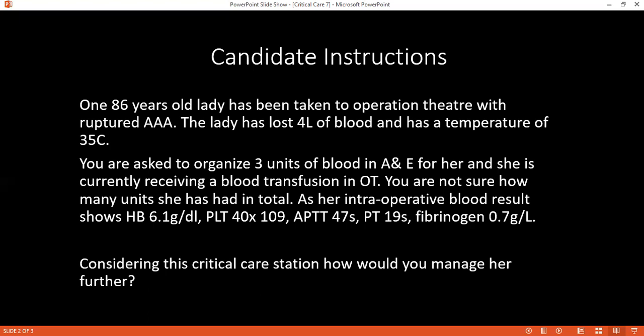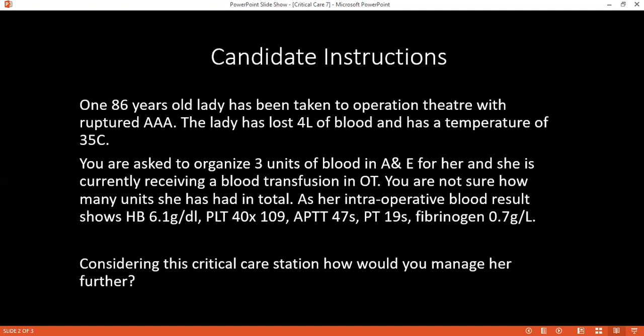Since the patient had abdominal aortic aneurysm rupture, can you please mention some complications which can occur because of this rupture? Yes, hypovolemic shock due to rupture of the abdominal aortic aneurysm, maybe renal failure, sexual dysfunction, spinal ischemia, thrombosis or embolism or fistulation.